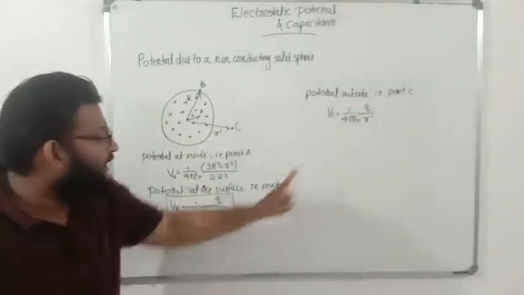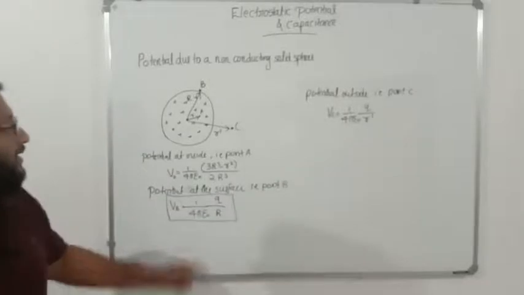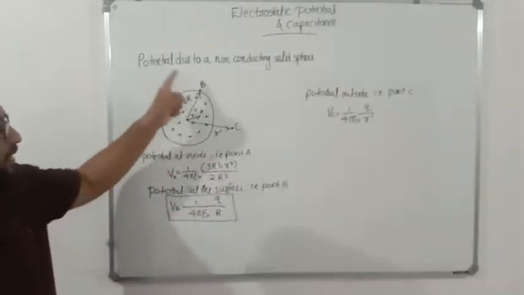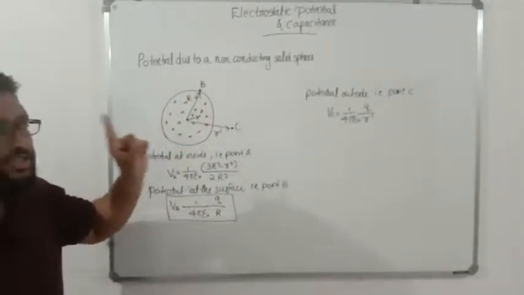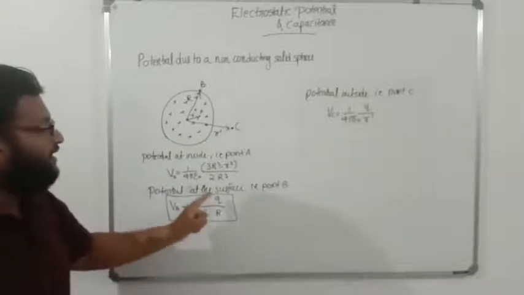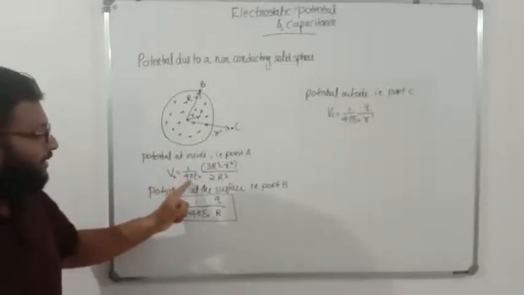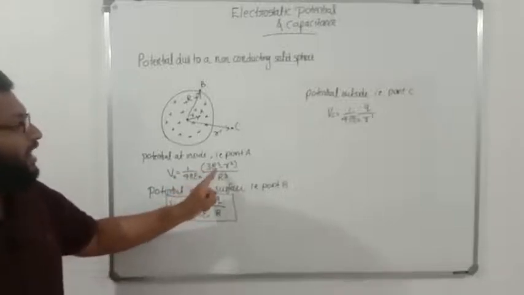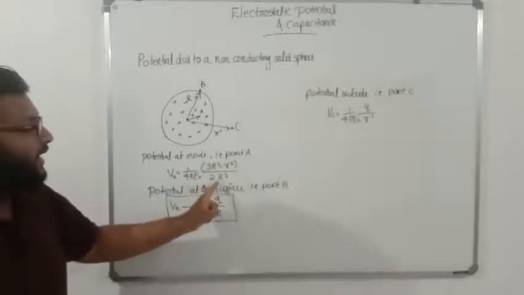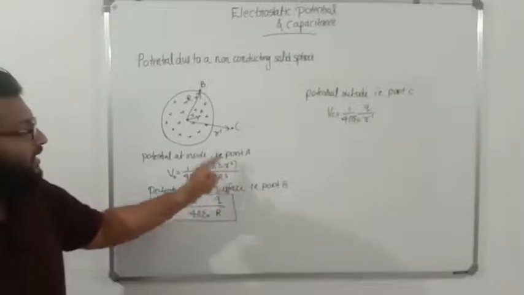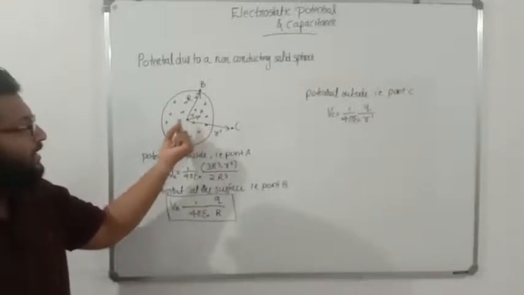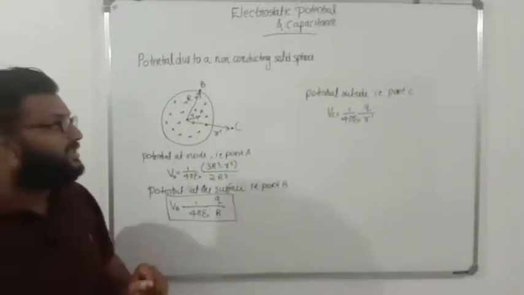So these two are very easy to calculate. But inside the non-conducting sphere, potential is not equal to that of the surface. It will follow an equation VA equal to 1 by 4 pi epsilon naught times (3 R square minus r square) divided by 2 R cube. This r is the distance to that point from the center of the sphere.